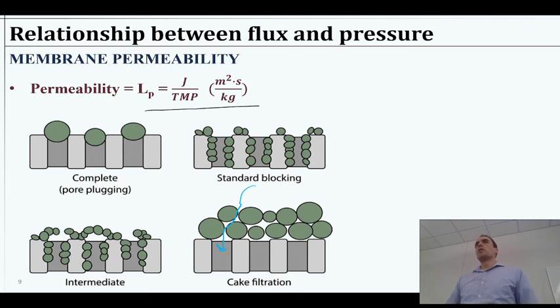There's one other term here that we might use, and that's called permeability. That'll be uppercase L subscript P. So basically the permeability of the membrane, and this is just kind of the inverse of what we were just talking about. How permeable is the membrane? Well, that's the flux divided by the amount of pressure it took to get there. So if you have a very low pressure requirement for a given flux, that means it's very permeable, right? That should make a lot of sense.